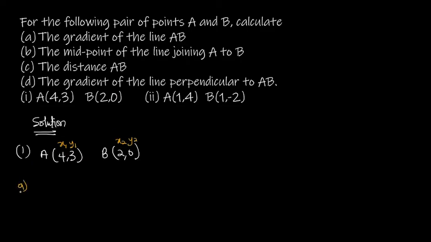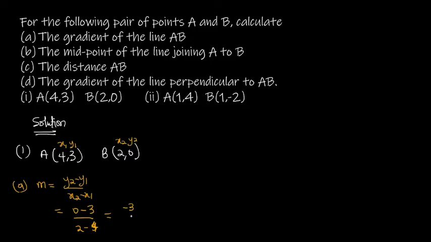So the first thing to do is A, our gradient of the line AB. So m, which is the gradient, is equal to y2 minus y1 on x2 minus x1. This is equal to my y2, which is 0, minus my y1, which is 3, on my x2, which is 2, minus my x1, which is, sorry, 4.